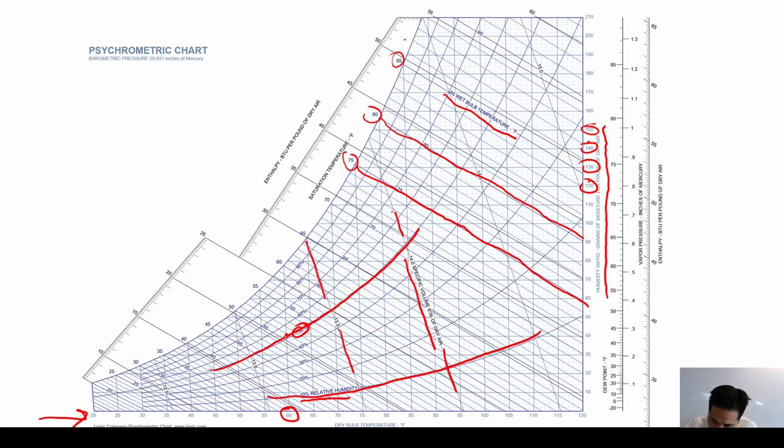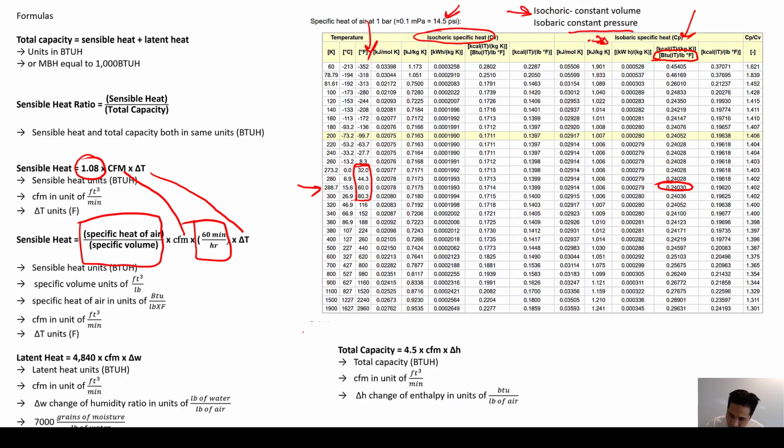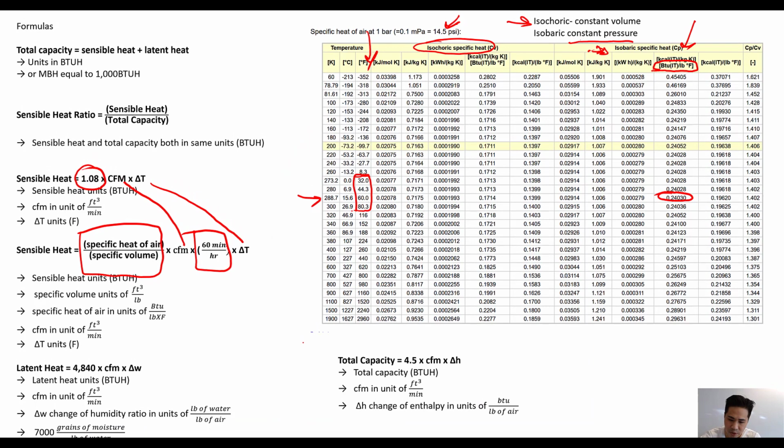So we're right around this area here. And if you look at the specific volume, it's between 13 and 13.5. So let's say it's somewhere in the middle. So let's say it's 13.25.